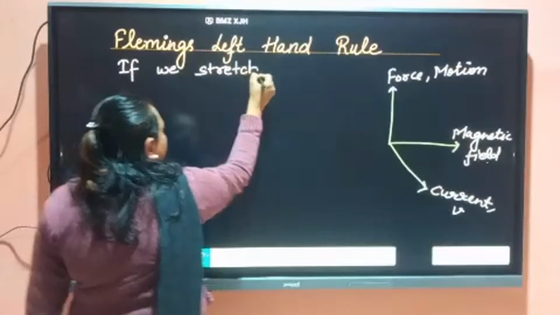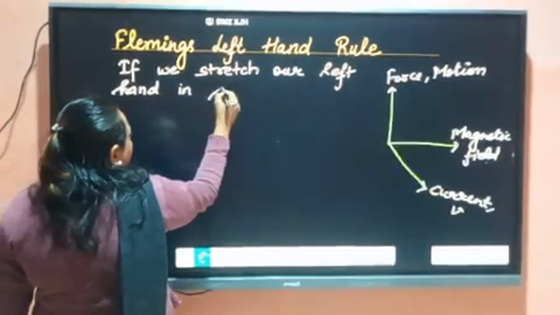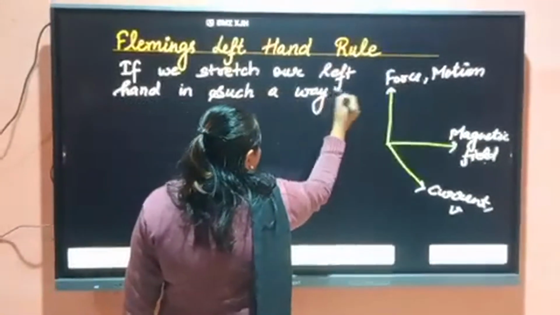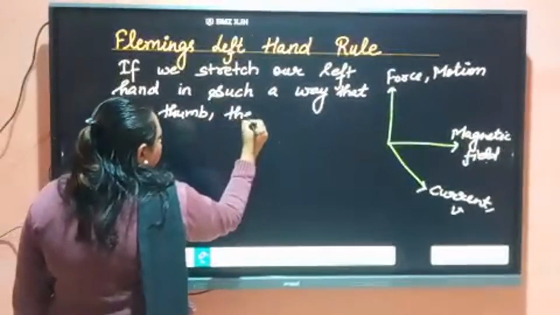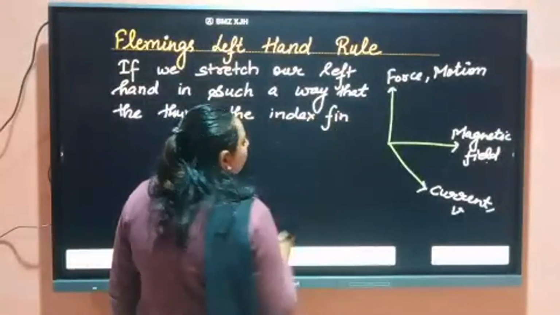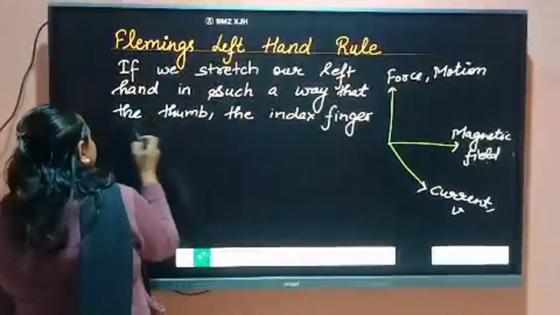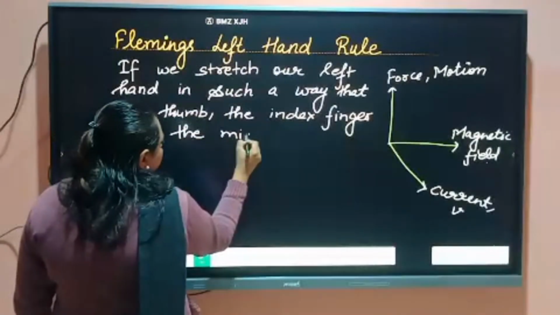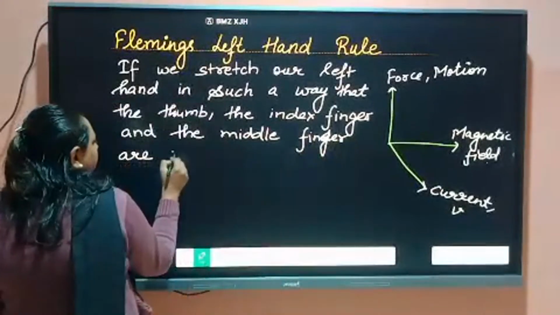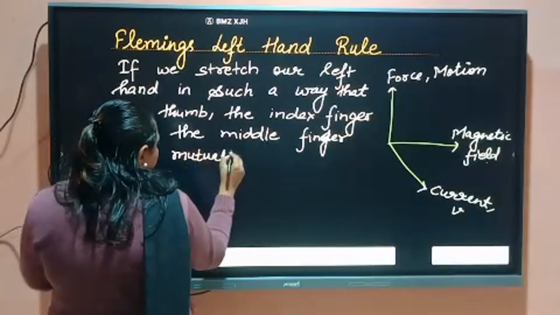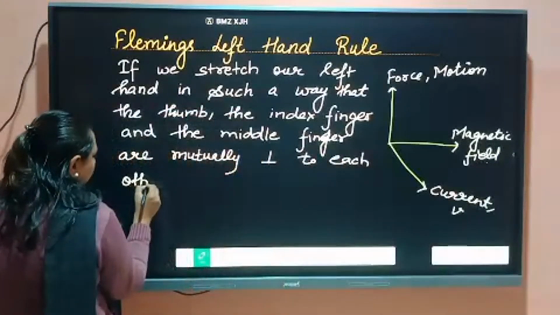If we stretch our left hand in such a way that the thumb, the index finger, which is the forefinger, you can use the word forefinger or first finger, and the middle finger are mutually perpendicular to each other.